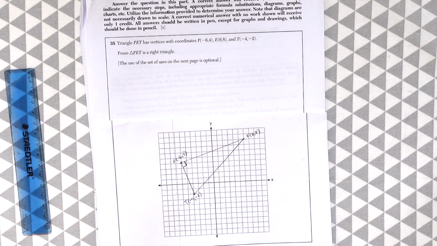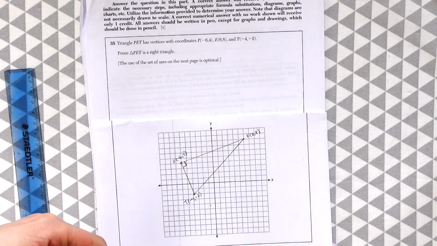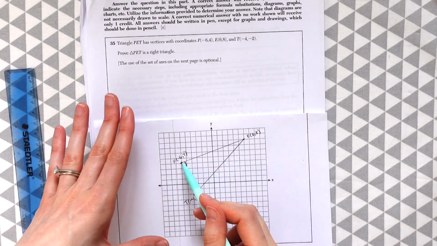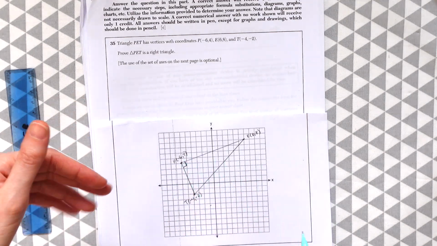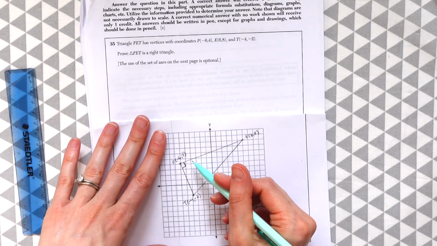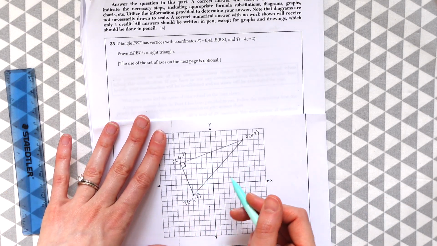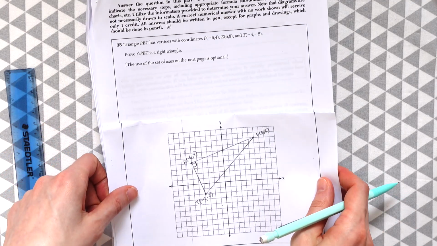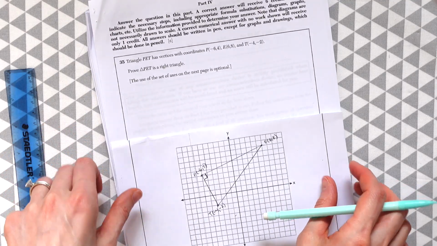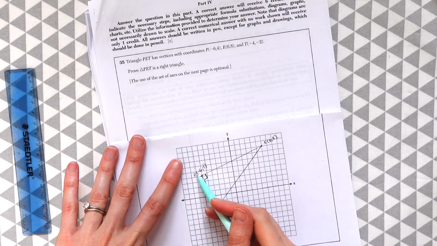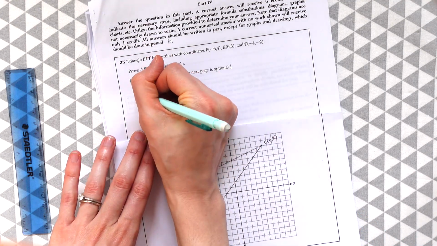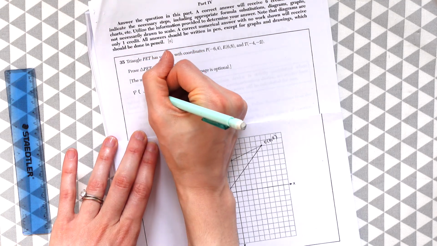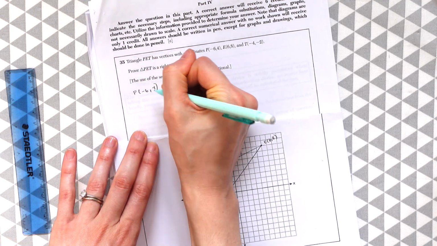So we want to prove that this is a right triangle, and the way to do that is by finding the slope and making sure that we have negative reciprocals of each other. So we're going to be wanting to find the slope of each side and look for the negative reciprocals. So that'll prove that there's a right angle there. So let's first find the slope between points P and E. So P is -6, 4.